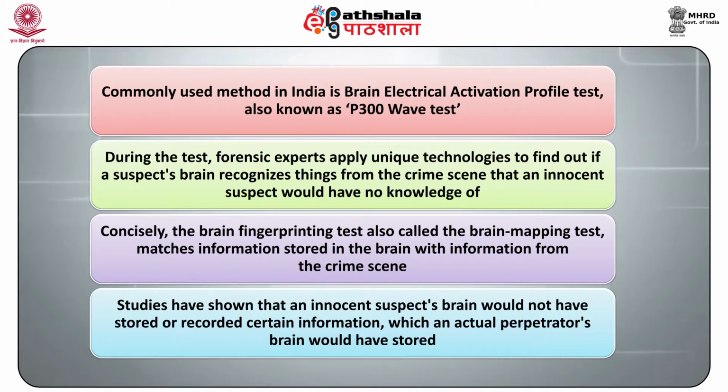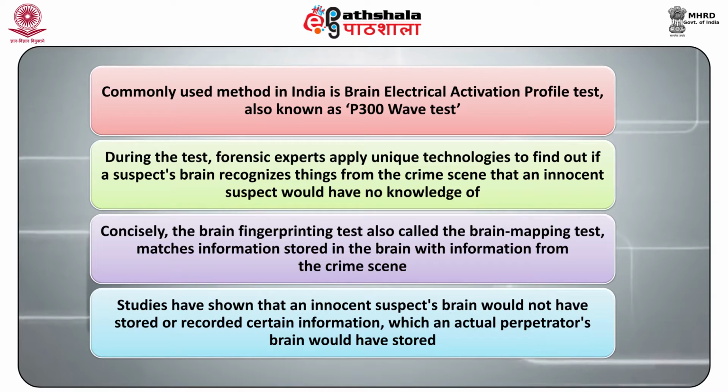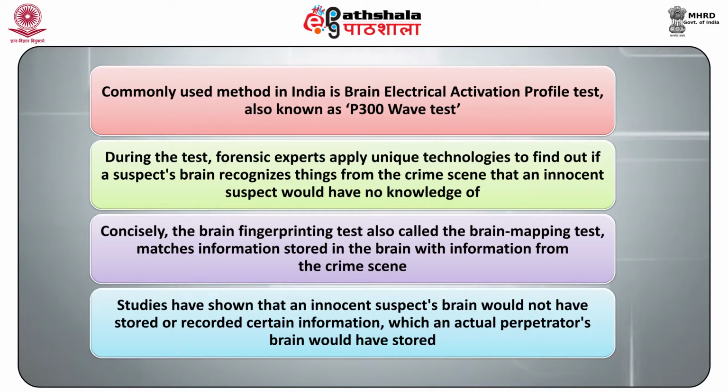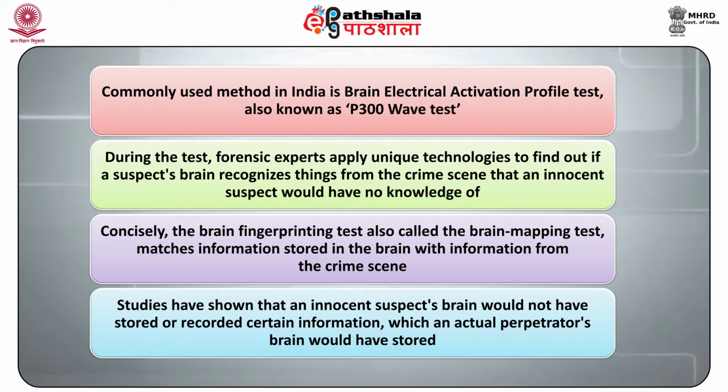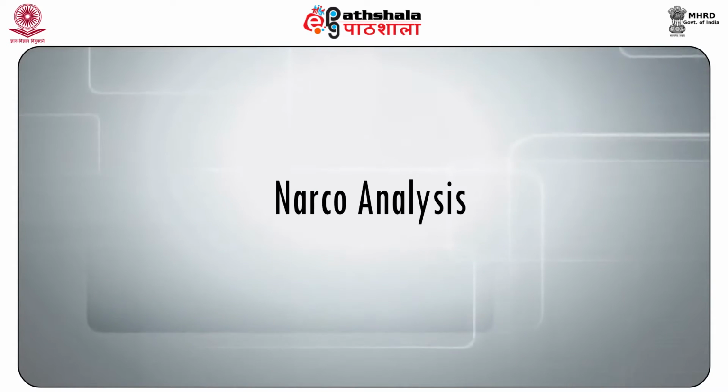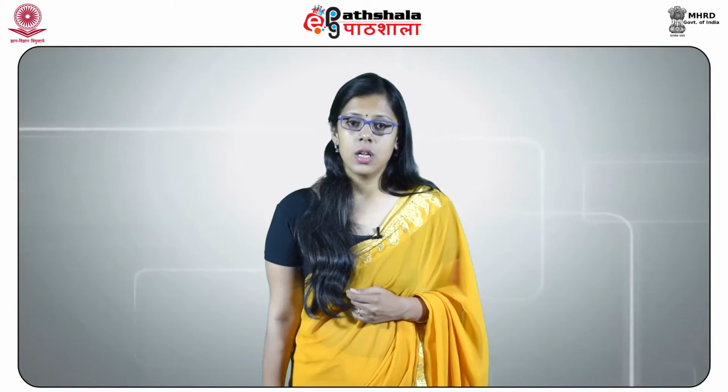Experts also call it the brain fingerprinting test, as the brain mapping test matches the information stored in the brain with information from the crime scene. Studies have shown that an innocent suspect's brain would not have stored certain information which an actual perpetrator's brain would have stored. Now let us move to narco-analysis.